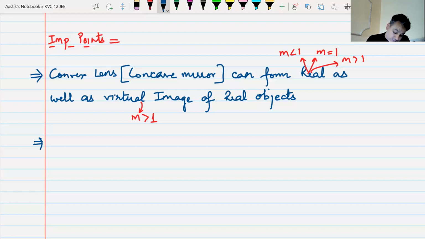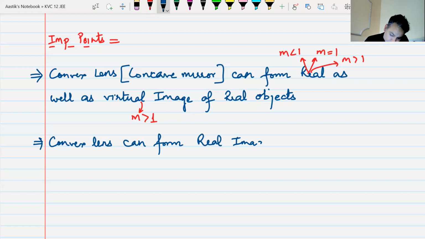For a virtual object, a convex lens can form real images for virtual objects.